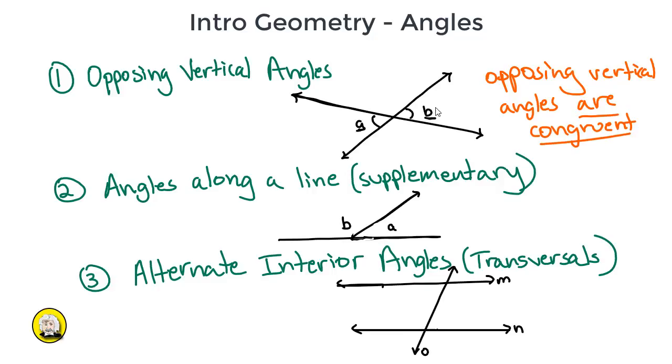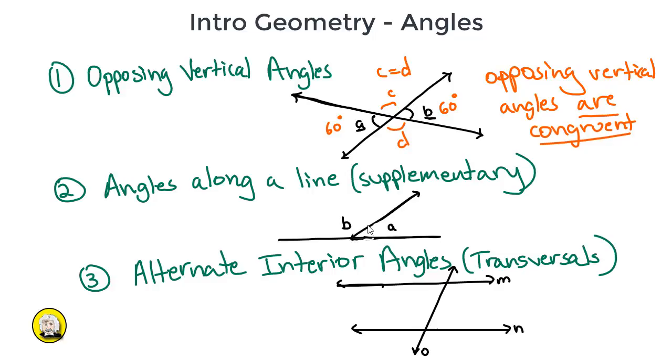So angle A equals angle B. If angle A were 60 degrees, for example, we know angle B must be 60 degrees. Likewise, if we had angles C and D, they're also opposing vertical angles formed by the same 2 lines, and C must equal D in that case, because opposing vertical angles are congruent.